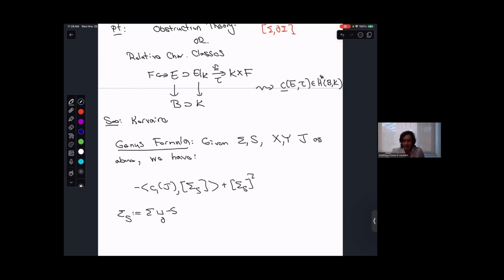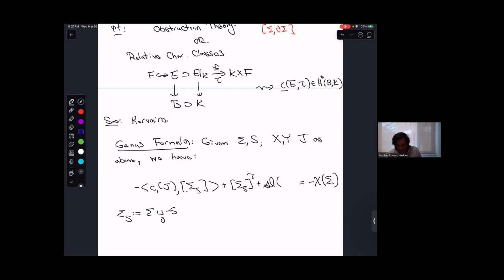I can take its square, or its intersection under the intersection form. And in the genus formula that we know and love, this right hand side is now the negative Euler characteristic of sigma. But we get a correction here, which is the self-linking.